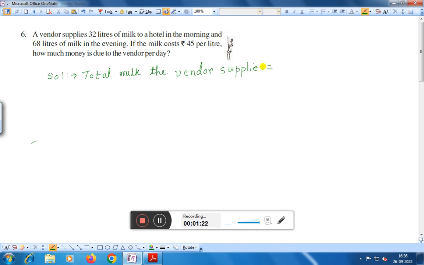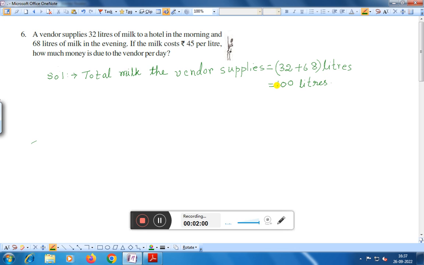In the morning it is 32 and in the evening 68. Therefore, total is 32 plus 68 liters. Therefore, total is 8 plus 2, 10, carry 1, 6, 1 plus 7, 7 plus 3, 10, that is 100 liters.